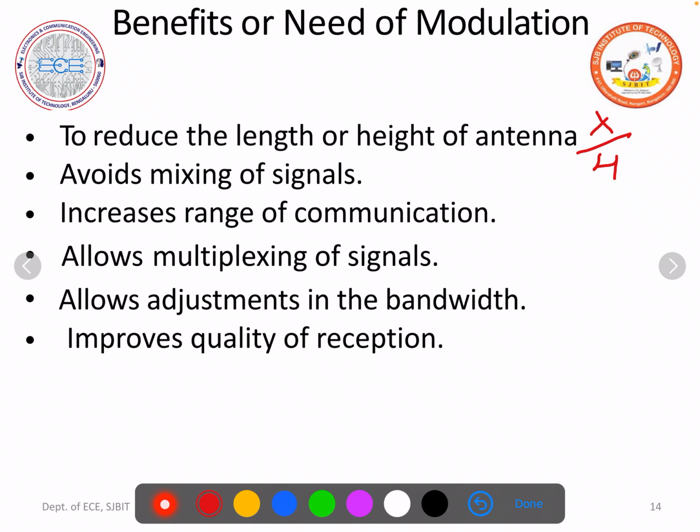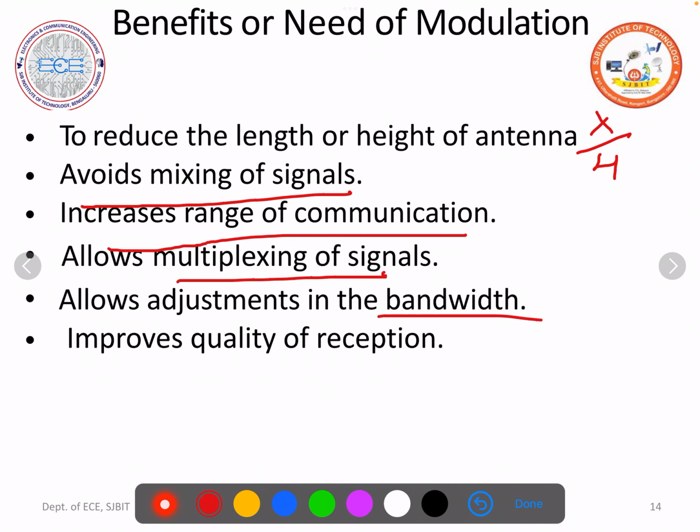So there is a need for converting a low frequency message signal to a high frequency signal by combining it with the high frequency carrier wave. In turn, we are sending a high frequency wave, which reduces the height of the antenna. It avoids mixing of signals. It increases the range of communication, allows multiplexing, bandwidth adjustment, and it improves the quality of the reception. All these points have already been discussed in the previous video.